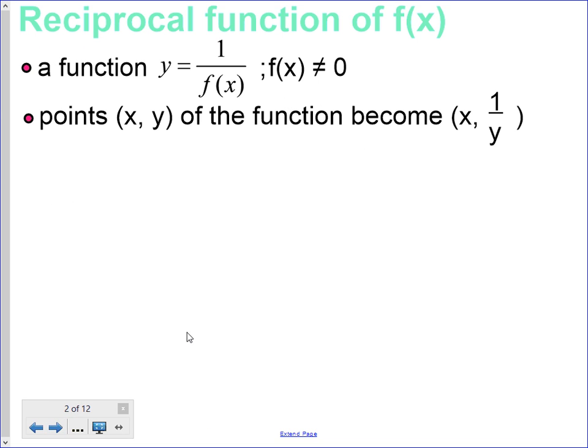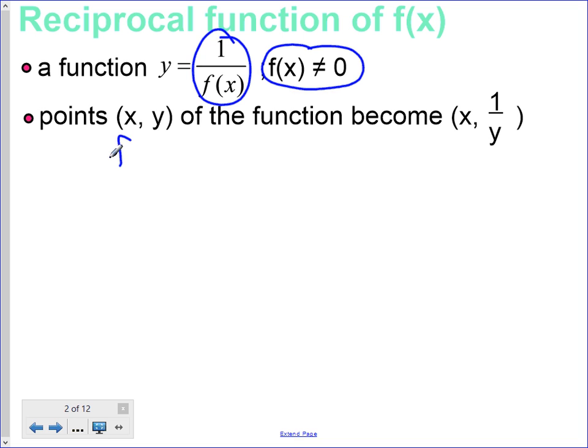Let's begin by talking about what a reciprocal function actually is. A reciprocal function is taking any function y equals f of x and taking the reciprocal, 1 over f of x. We need to examine what happens when f of x is equal to 0 because we can't divide by 0.